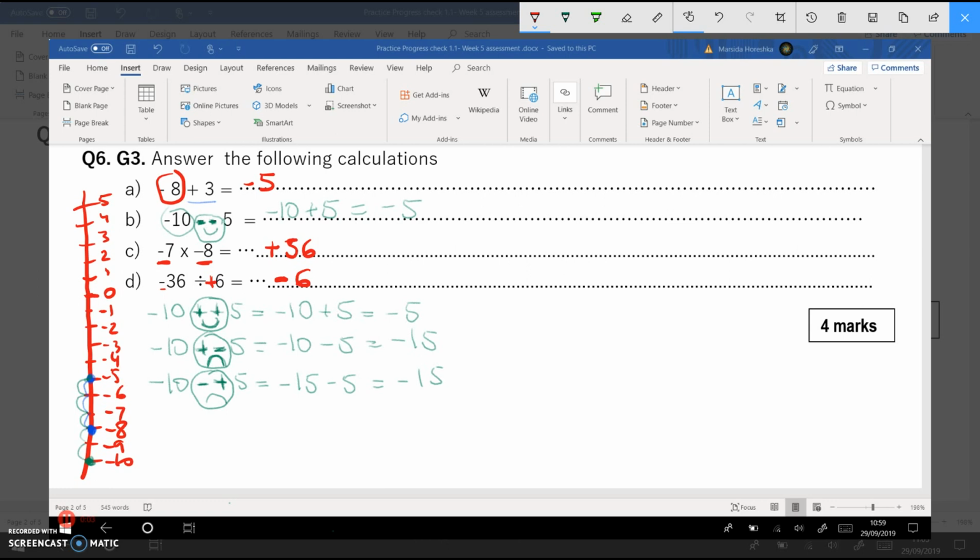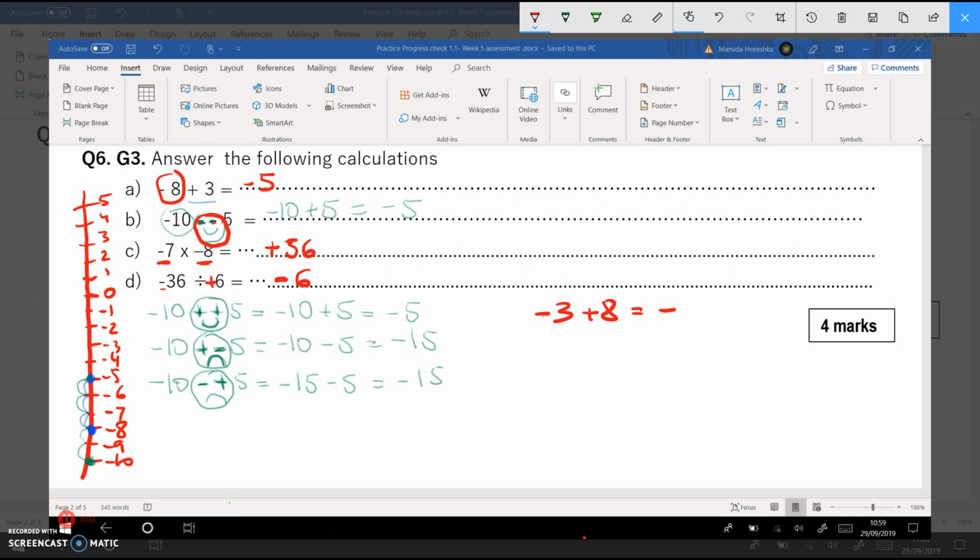Now this links to adding and subtracting positive and negative numbers, as you saw. So the same rule that I explained through the faces is only valid for the signs next to each other. You can't, for example, look at this. So let's say we've got minus 3 plus 8, and look at them and say, oh, it's a negative sign and a positive sign, so the answer is going to be negative.